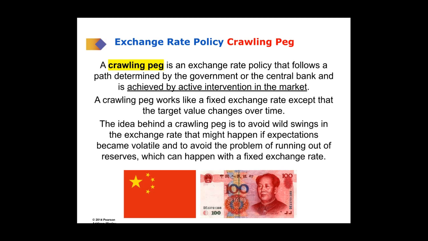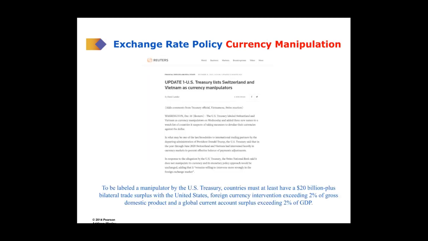But if you're doing this over a longer period of time, it becomes difficult and unsustainable. So by moving the target slowly, you can achieve some of the effects of having a fixed exchange rate policy, while recognizing that you're going to have to also pay attention to the market and the market forces at the same time.